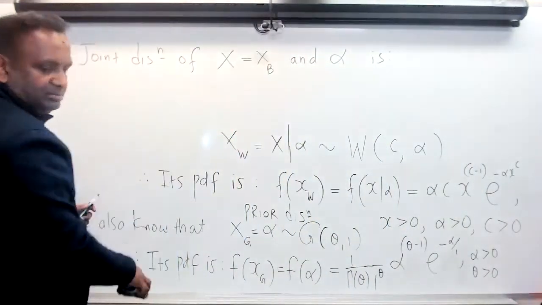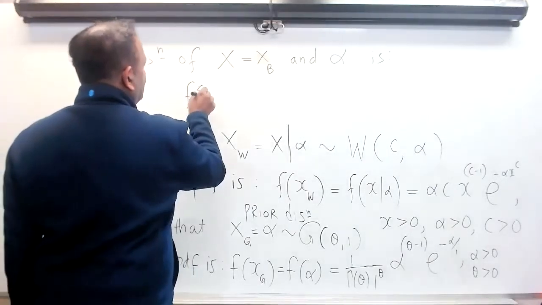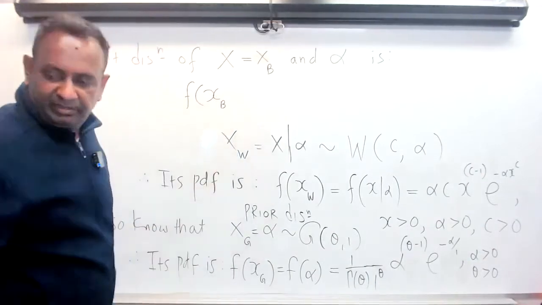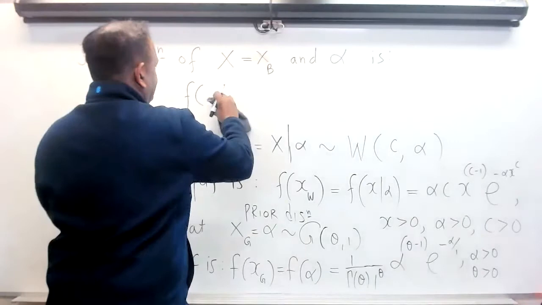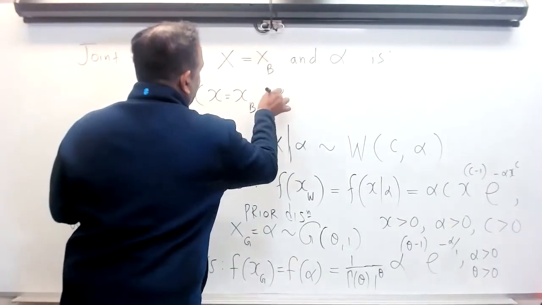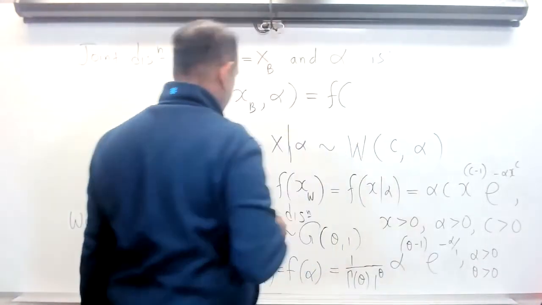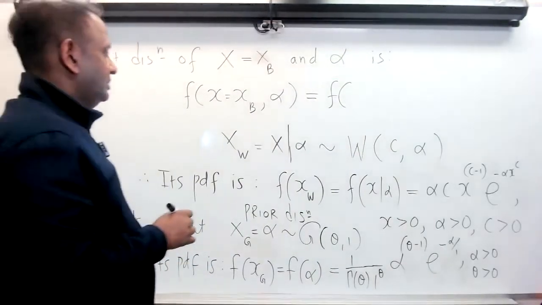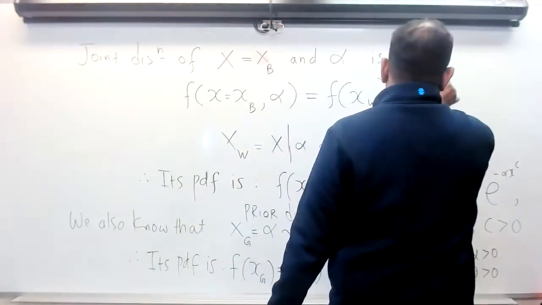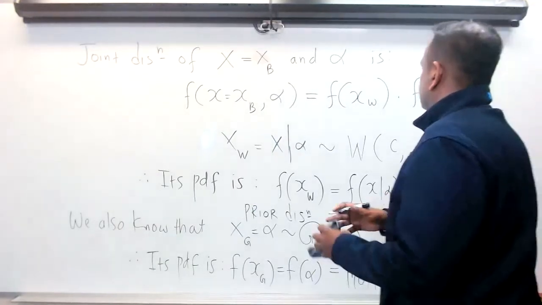Distribution. I'm looking for the joint, and I'm going to write this one very clearly. It's a joint. X means xb and alpha, which means f of xb times f of alpha.